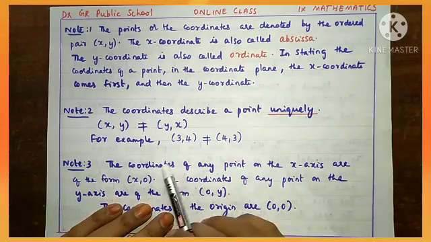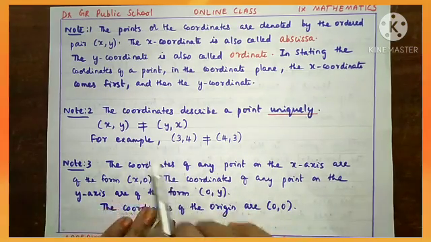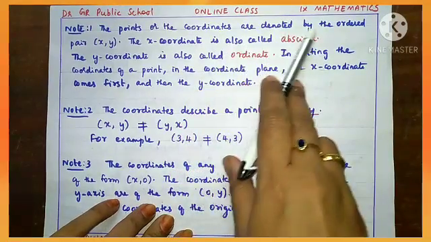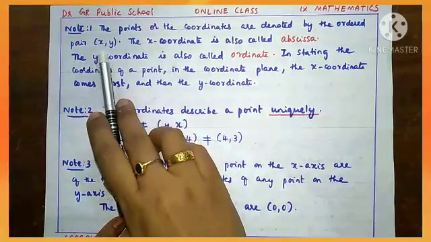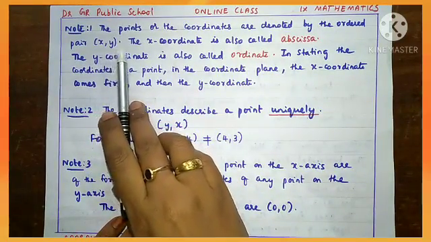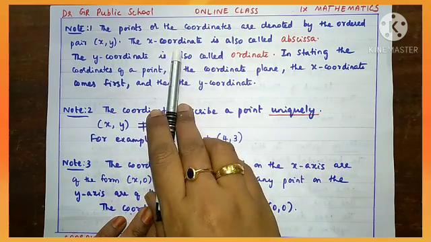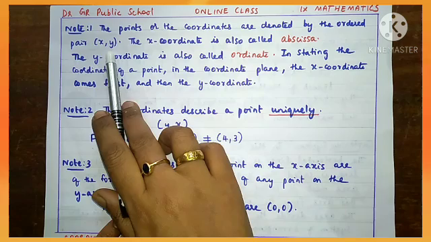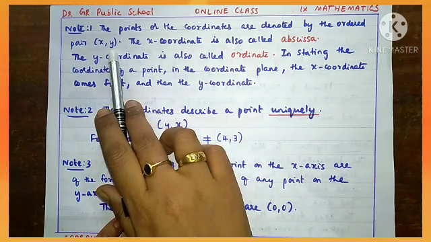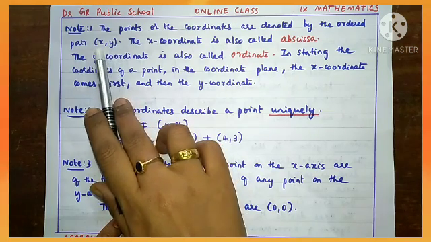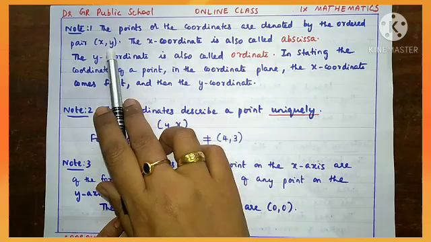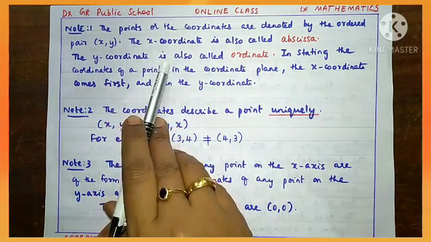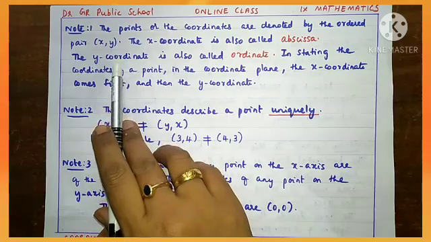Now there are some notes for you. First one, the points or the coordinates are denoted by the ordered pair (x, y). Why are we writing it as an ordered pair? It is because you should write the x coordinate first and the y coordinate second. It has an order. Always mention the coordinates in this order only.